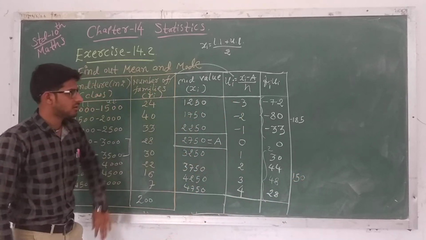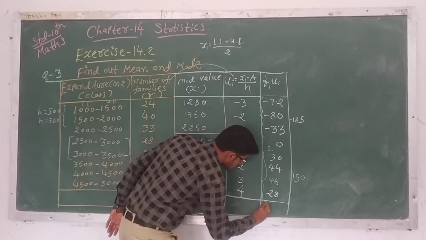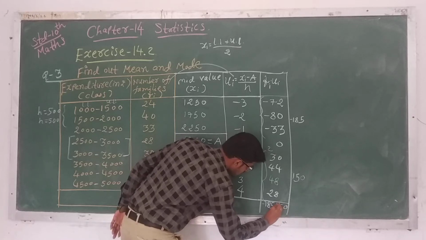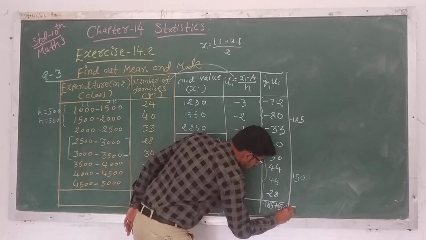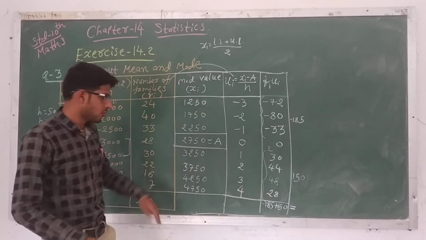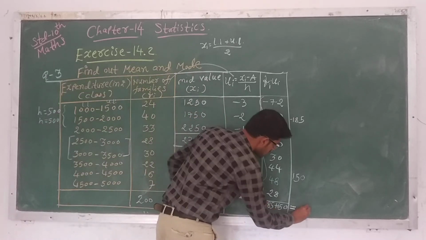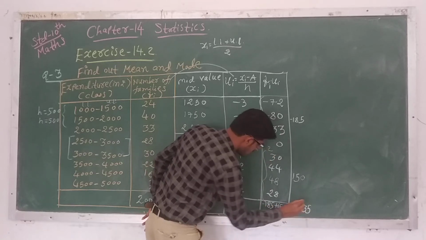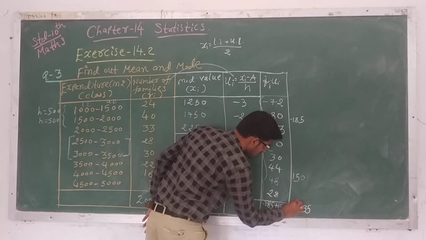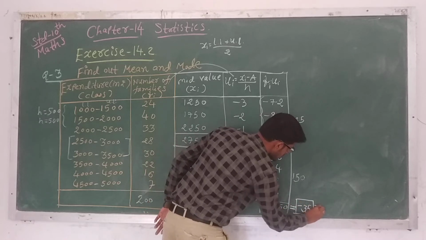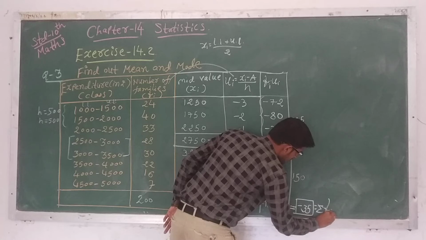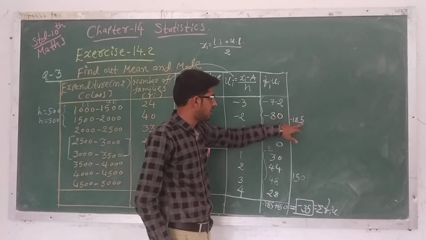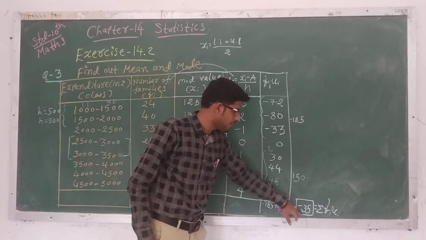Now we have to subtract: minus 185 plus 150. 5 minus 0 is 5, 8 minus 5 is 3, and 1 minus 0 is 1, so minus 35 is equal to sigma fi ui. Because 185 is larger and negative, the answer will be negative.